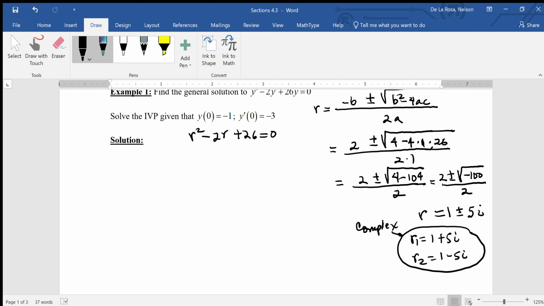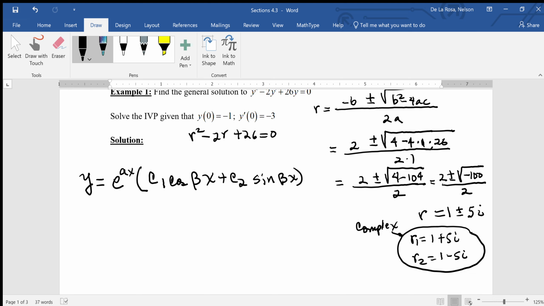When the solution of the differential equation is complex, the general form of the solution is going to take this form: y equals e to the ax times c1 cosine of beta x plus c2 sine of beta x.